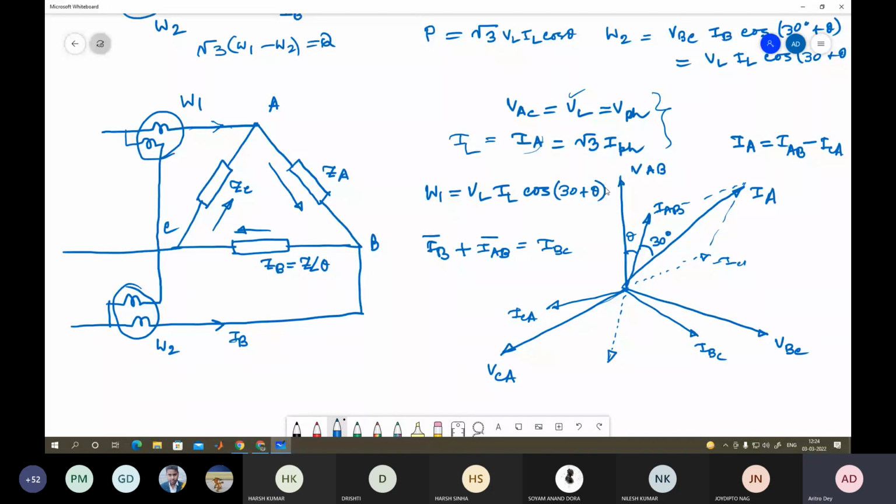So if you take the phasor sum of these two, this is minus IAB. This is your IB, right? This is 30 degree. And you want to measure the angle between IB and IBC, isn't it? Here, this is your 30, this is theta.